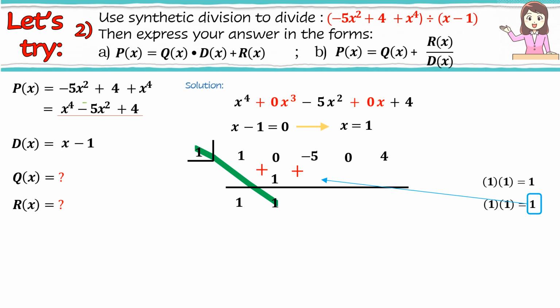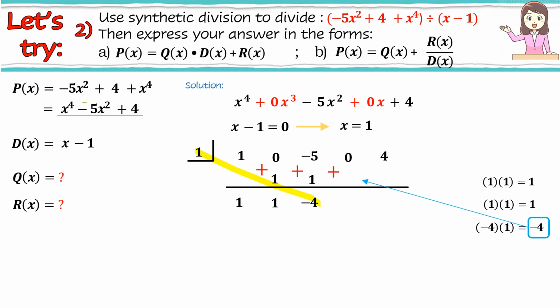Susulat natin dyan sa taas, sa baba ng pangatlong number. So, that is 1. So, we have negative 5 plus 1. That is negative 4. And then, same process, 1 times negative 4, or negative 4 times 1, that will give us negative 4. Sulat natin dyan. And then, addition ulit. So, 0 plus negative 4 is negative 4.